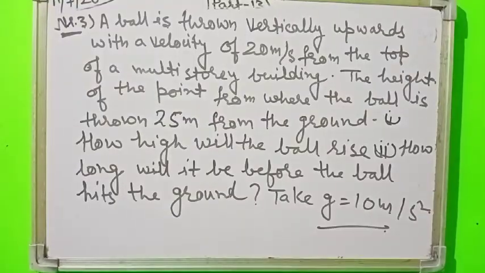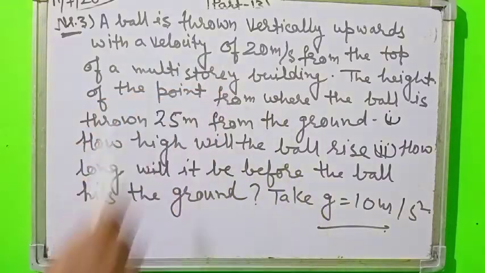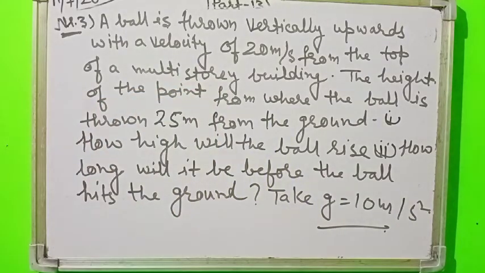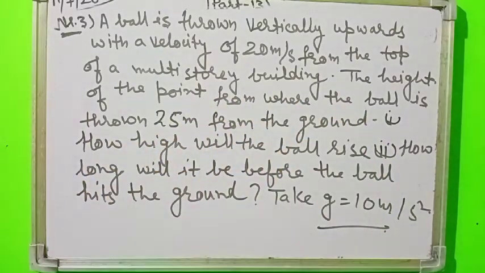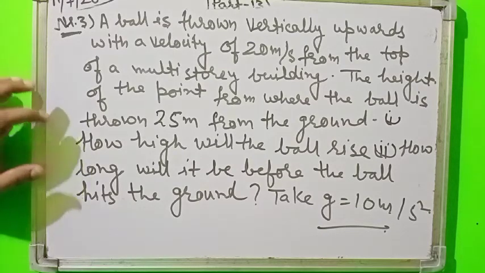Now dear students, look at this numerical. A ball is thrown vertically upward with a velocity of 20 meters per second from the top of a multi-story building. The height of the top of the building is 25 meters from the ground.